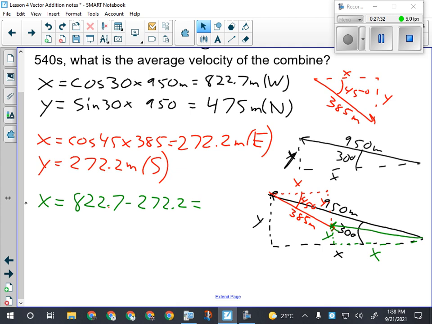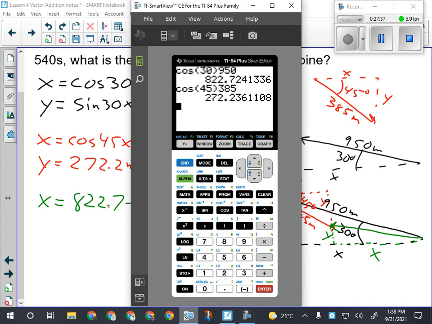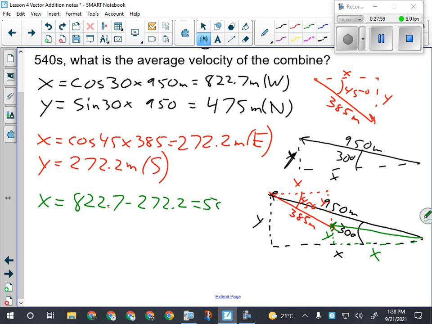So I've got west minus east, and obviously this is going to end up being west. That's the one I want there. That one minus that one. All right, so overall, we go 550 meters west. Obviously there are some decimals in there. So with the separate triangle method, that's one side of my resultant triangle, which I will draw in a minute once I have the y.